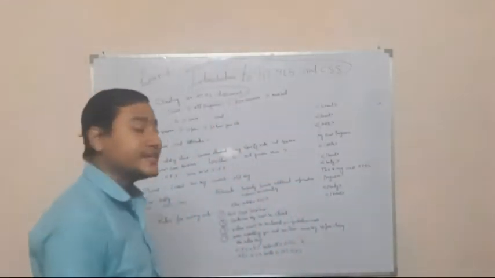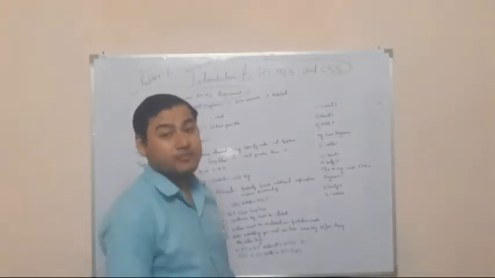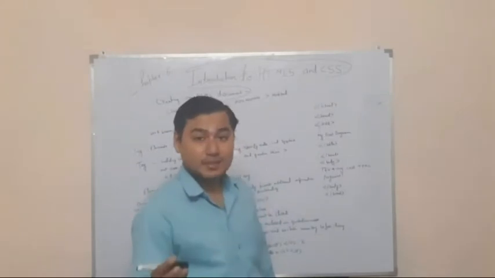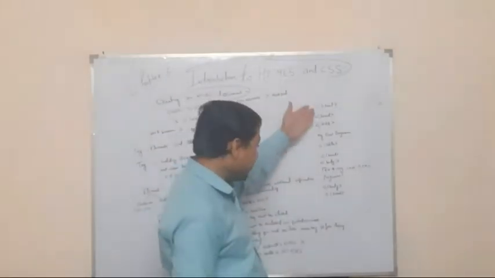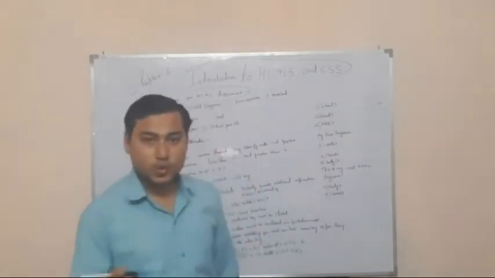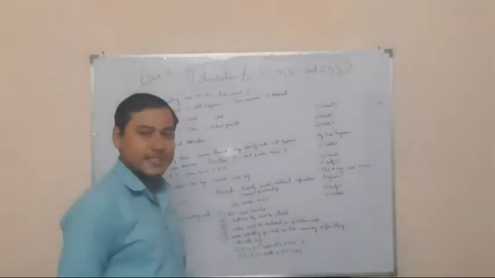So now I'm selecting Notepad here, and after that I am writing my first program of HTML. Here I will write this bunch of code in Notepad, and after that I will go to File and click on the Save button.